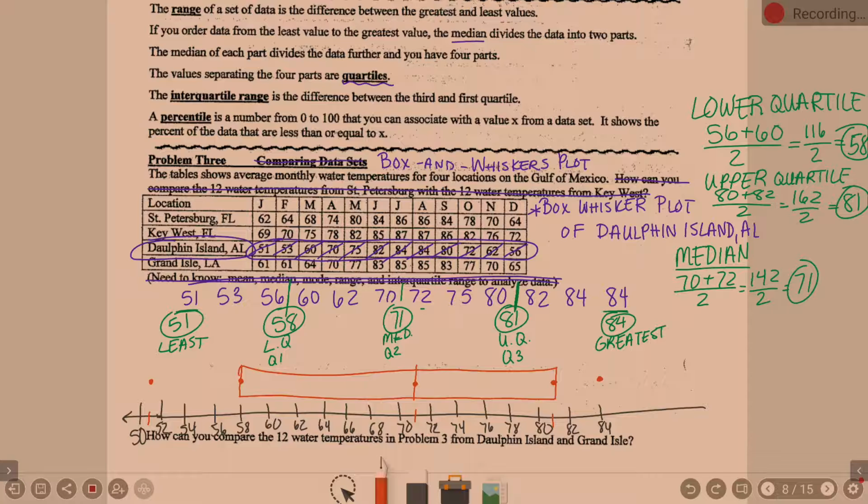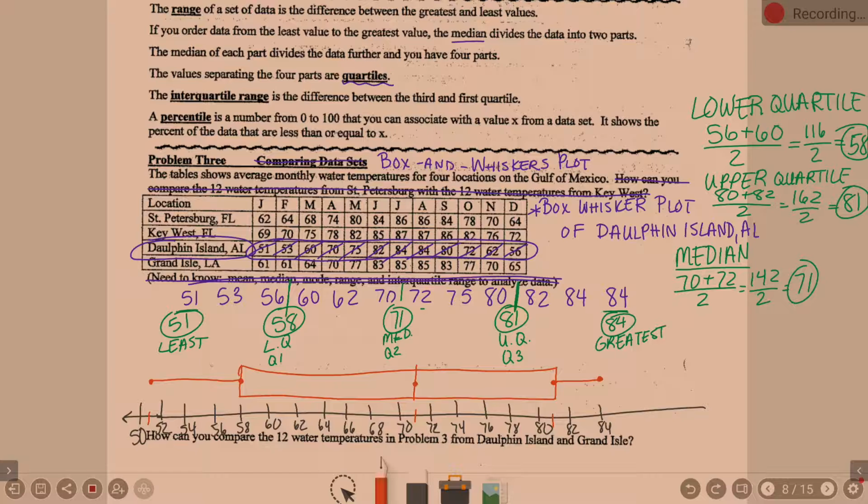That's my box. And then guess what the outside dots do? They connect to be my whiskers. And there you have a box and whisker plot. Mine resembles more of a volleyball net than a box.